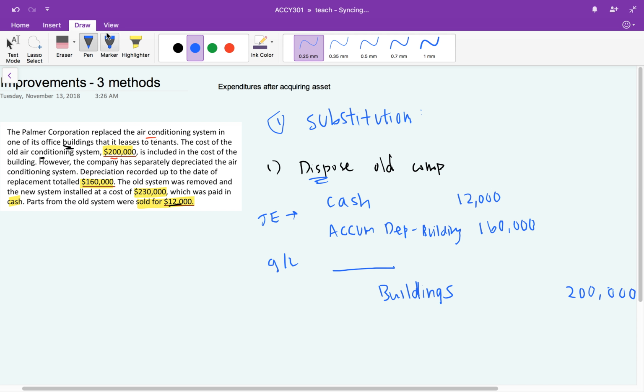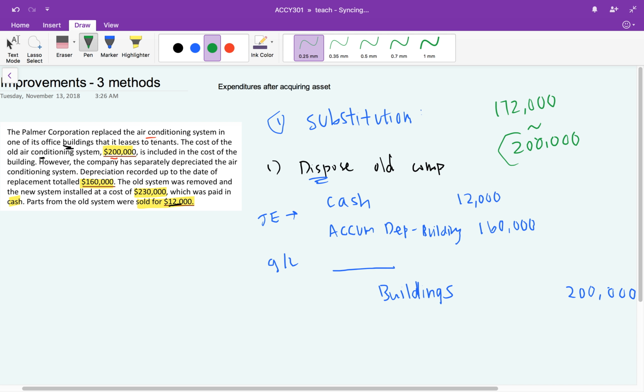So in order to find out if it is a gain or a loss, we're going to add up these values, and you get 172,000, and then compare it to 200,000. So because the original value is greater, you're actually experiencing a loss.